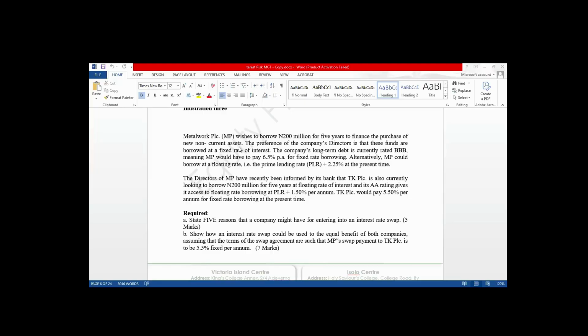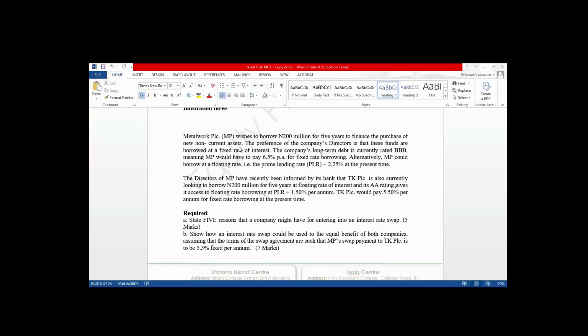Alternatively, Metalwork PLC could borrow at a floating rate, that is, the prime lending rate plus 2.25% at the present time.